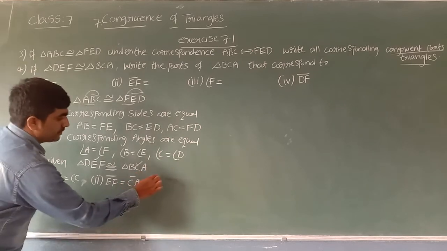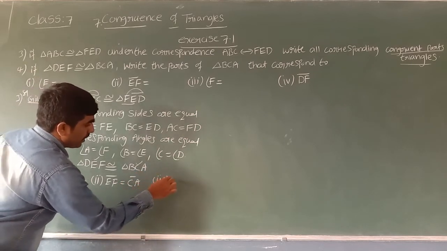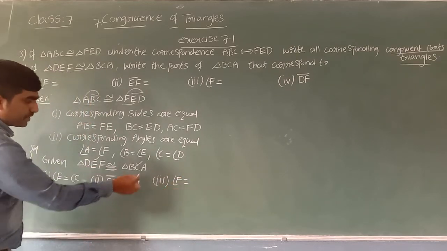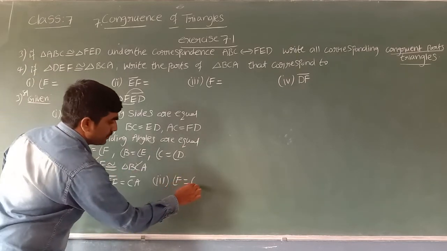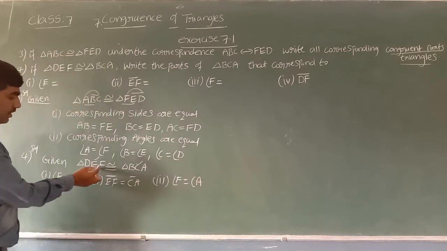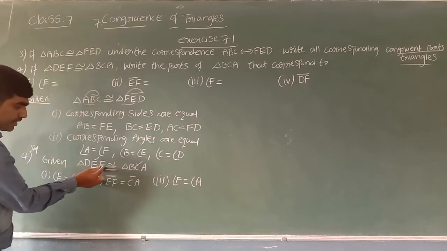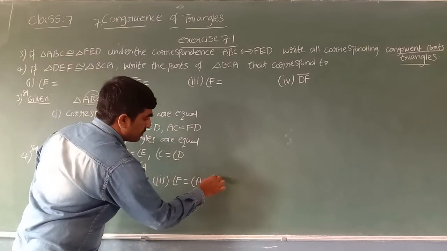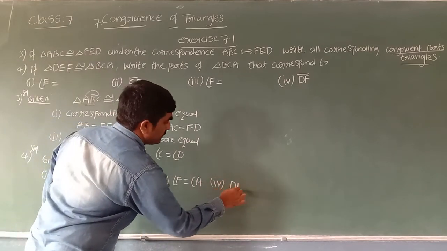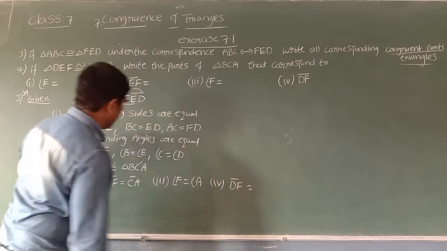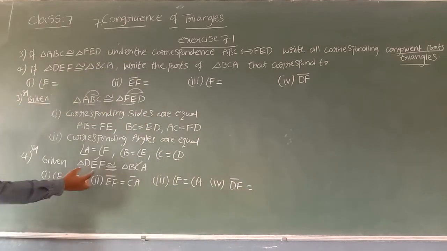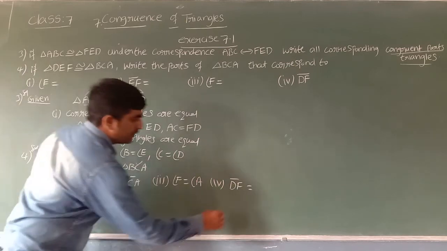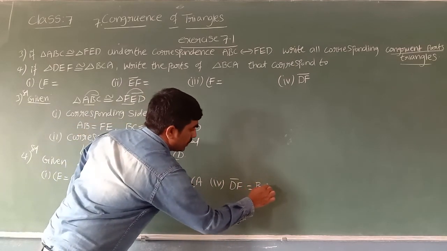Next, the third one: angle F is the last one, so we take angle A, the last one. Angle F is equal to angle A. If triangles are congruent, corresponding angles must be in the same places. Next, the last one, DF: DF is the last two, so take the last two, BA. Length of DF is equal to length of BA.